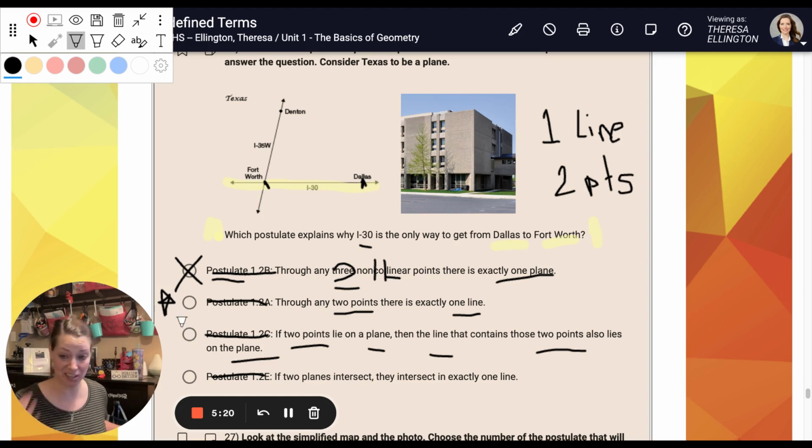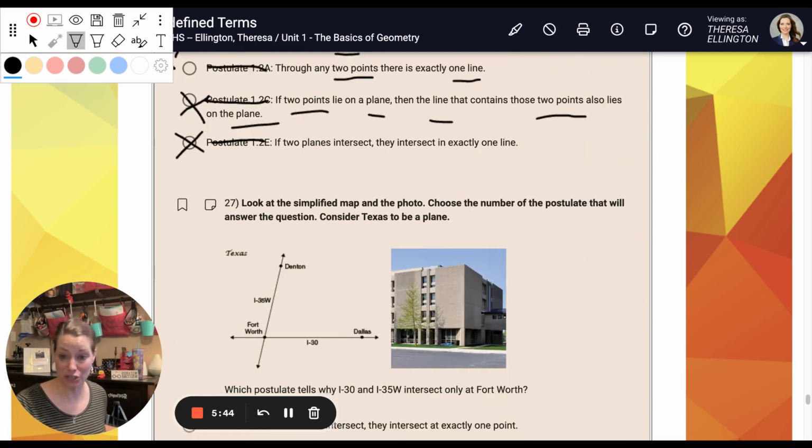Remember, it can't have extra, just what we need. 1 line, 2 points, nothing else. Last choice. If 2 planes intersect, they intersect in exactly 1 line. We don't have anything about planes, so this is going to be gone. Okay? So that's how you dissect these questions. I'm going to scroll down to the next one so you can try it.